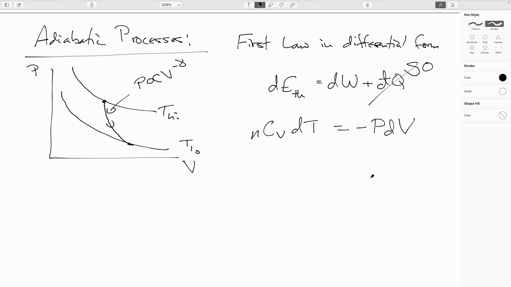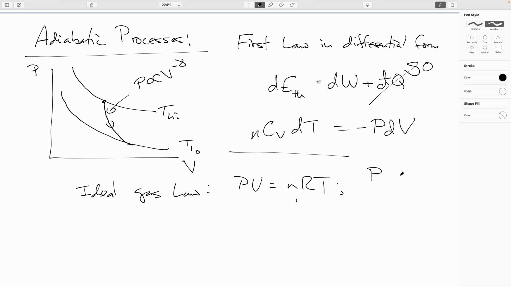Now, the problem is that the pressure depends on the volume through the ideal gas law. So we'll have to go back to the ideal gas law here. That says PV equals nRT. So I'm going to rewrite this as P equals nRT over V.